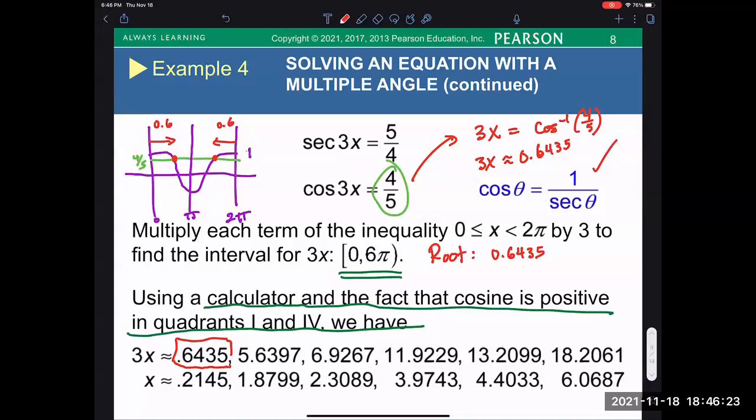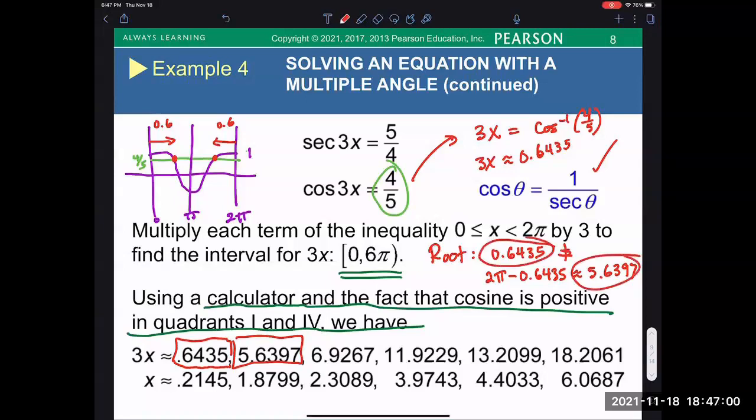So with a root solution of 0.6435, we have another root solution of 2 pi minus 0.6435. And that turns out to be the second solution they have on their list. The second root solution is 5.6397. So we end up with 2 root solutions between 0 and 2 pi.